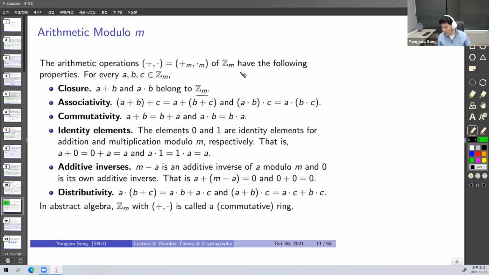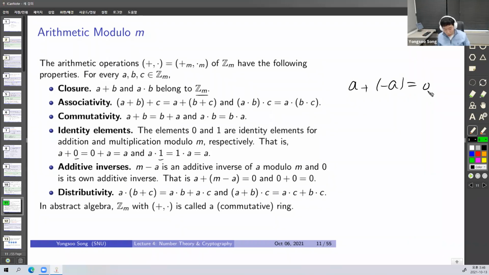The identity element for addition is 0, of course, and the identity element for multiplication is 1. And there is an inverse for addition. In the set of integers, for given a, minus a is the inverse element with respect to addition because their sum is the identity element 0.